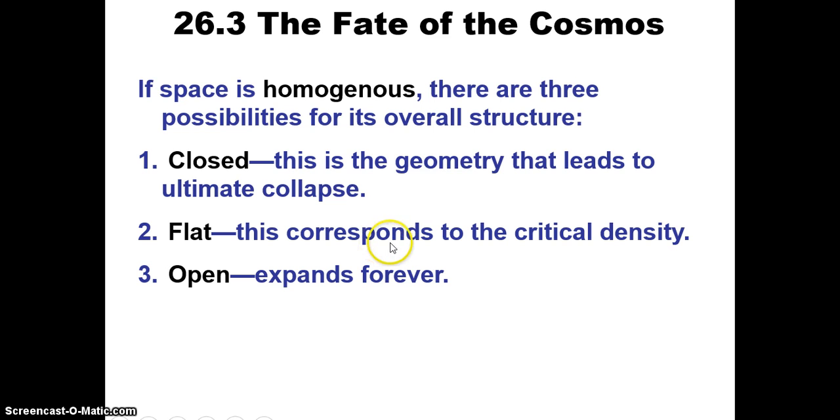We're talking about the geometry here. And then of course there's an open universe, where there's not enough mass for the critical density to collapse the universe, and so it continues to expand forever.